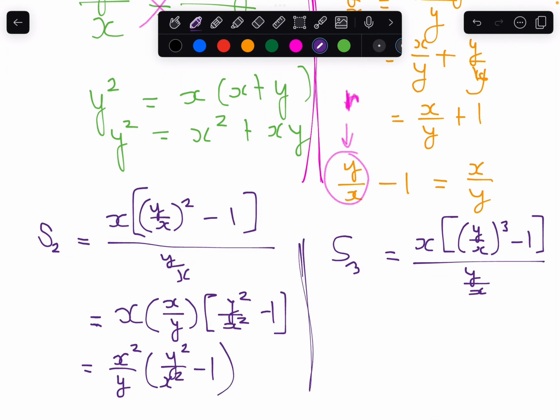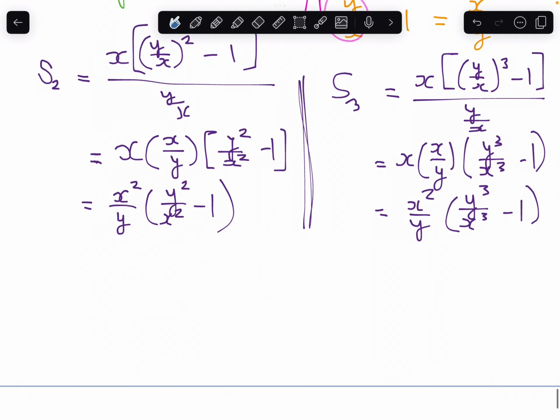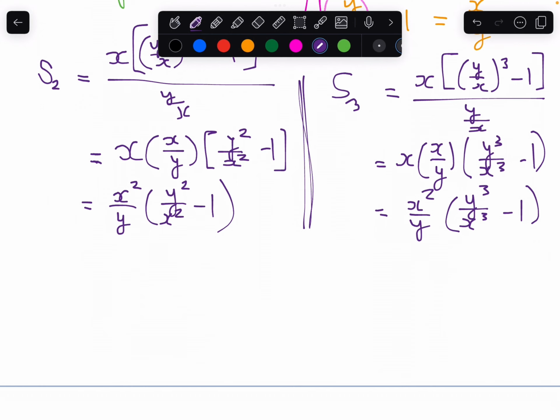And over here we have the same thing, x times x over y times y cubed over x cubed minus 1. So that would be x squared over y times that, right? Which tells us, oh, I have a feeling we're ending up in the same rabbit hole. So we know that S3 is the same as 2 times S2.